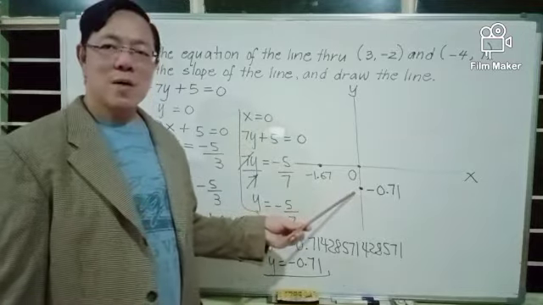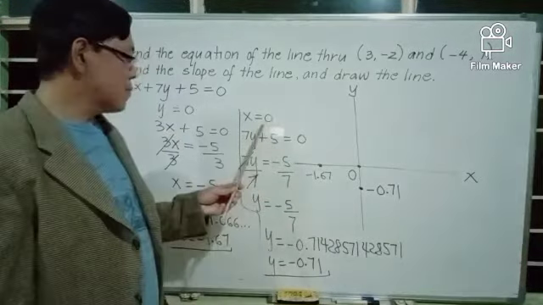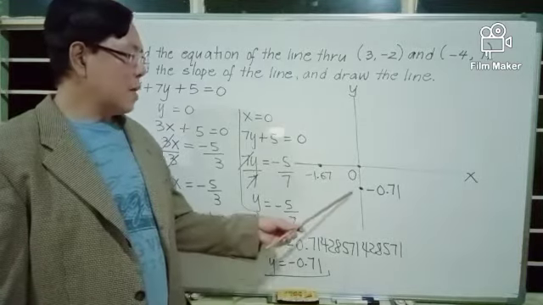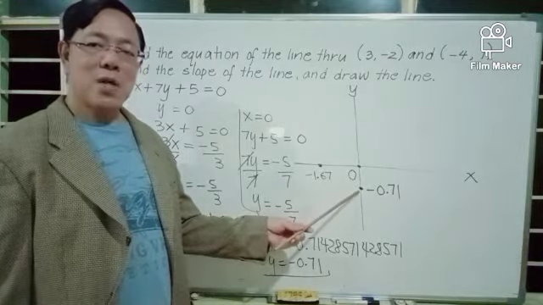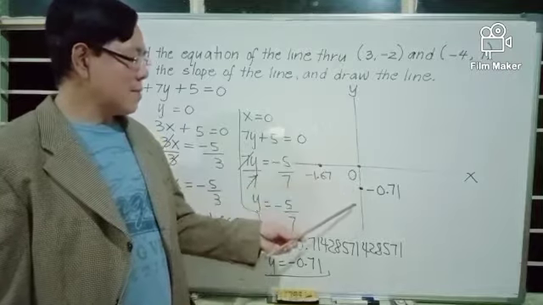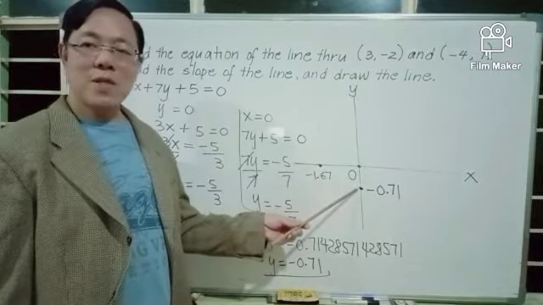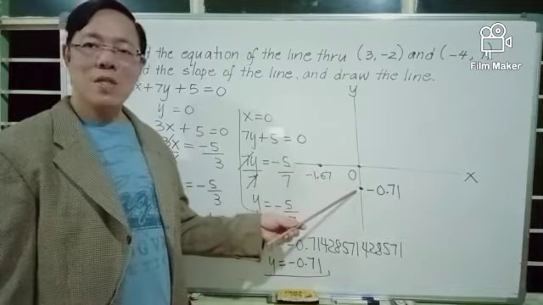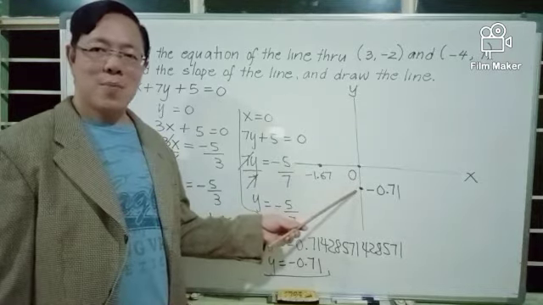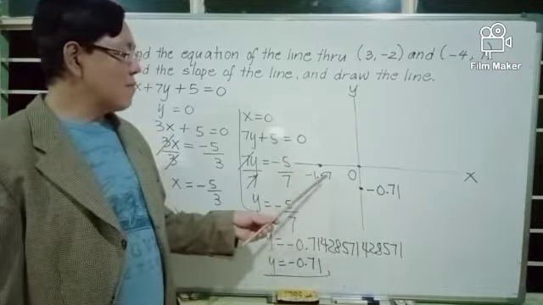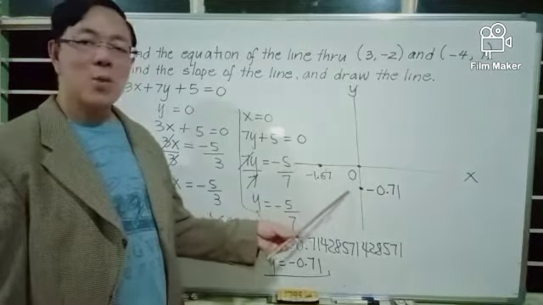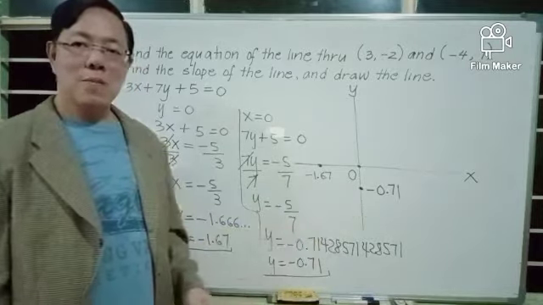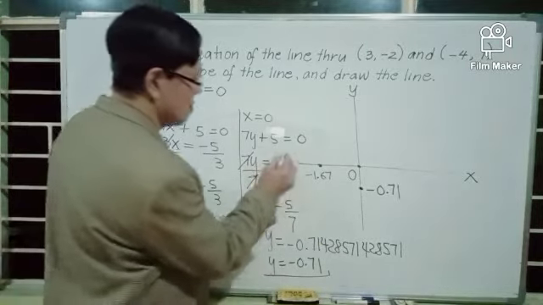Hence, the coordinates of this point are 0 and negative 0.71. And the line will pass through this point on the y-axis. Hence, this is the point of intersection of the line and the y-axis, and we call this point y-intercept. After you have found the x-intercept and the y-intercept of the line, connect the two intercepts with the straight line.